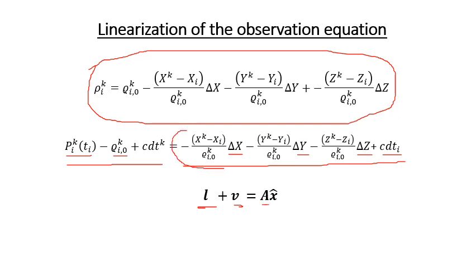For example, these 3 numbers for the delta x, delta y, and delta z components are 3 of the coefficients, and one more coefficient comes from here. This will then be a matrix having n rows, one for each observation: how many satellites are available in the sky and locked by the receiver will be denoted by n.